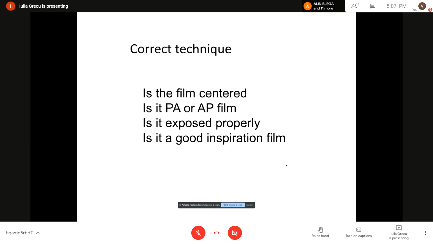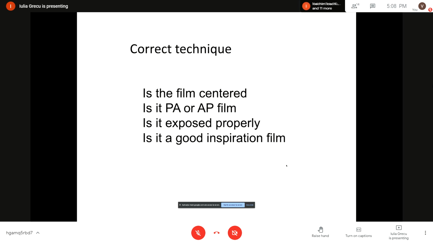The second is to find a way to analyze the chest X-ray. I will give you the way I look at and start to analyze the chest X-ray, and if it's good for you, you can try it too.